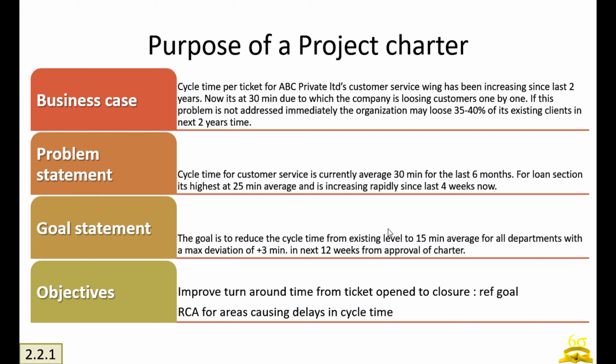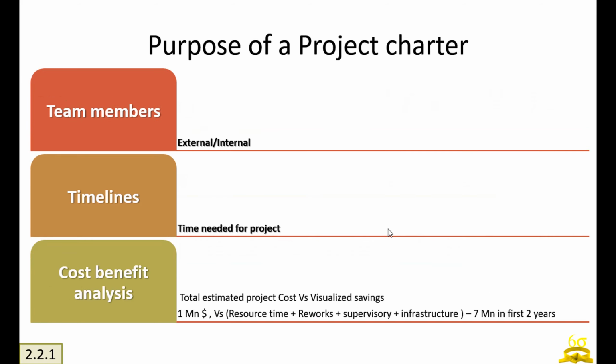Refer to the root cause analysis for areas causing delays in cycle time. If we do a root cause analysis for the problem statement, we will find why it is getting delayed, and from there we will get the objectives.